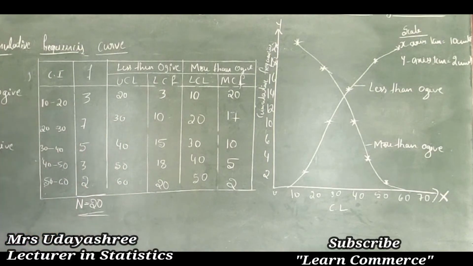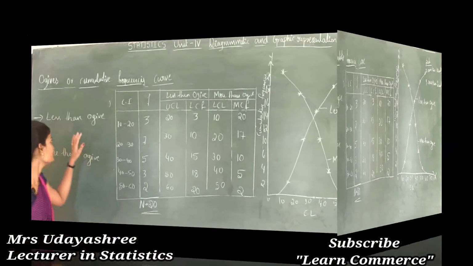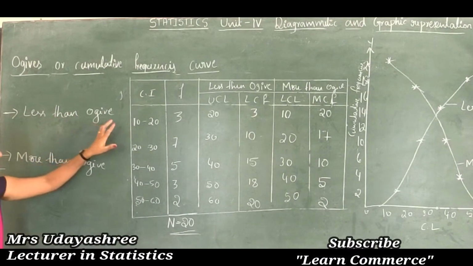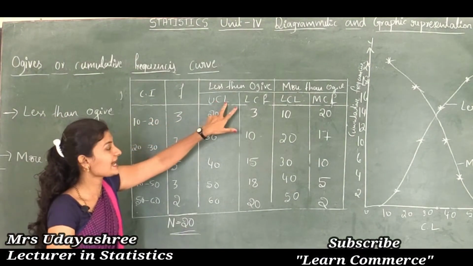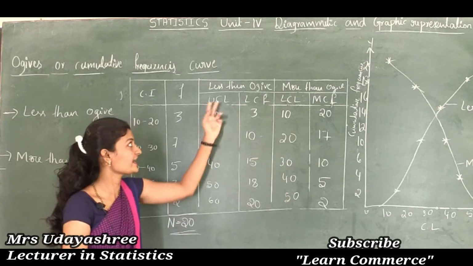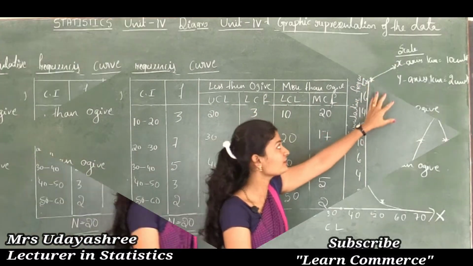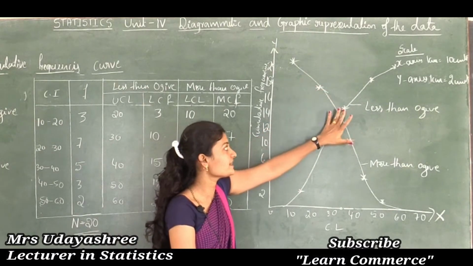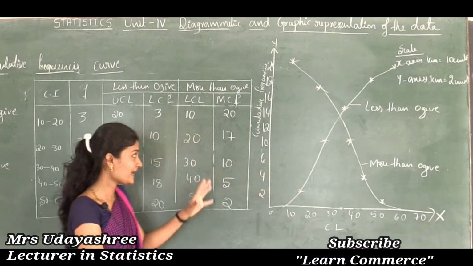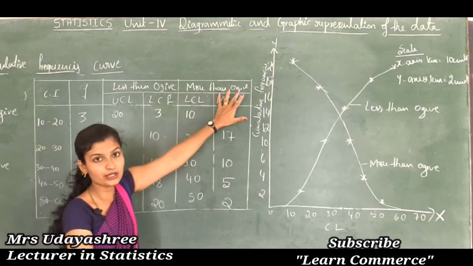So in ogive there are two types, one is less than ogive, another one is more than ogive. So to construct less than ogive, the upper class limit is taken along x-axis and corresponding cumulative frequency is taken along y-axis. After that the plotted points are joined by smooth curve. Like that is the construction of more than ogive.